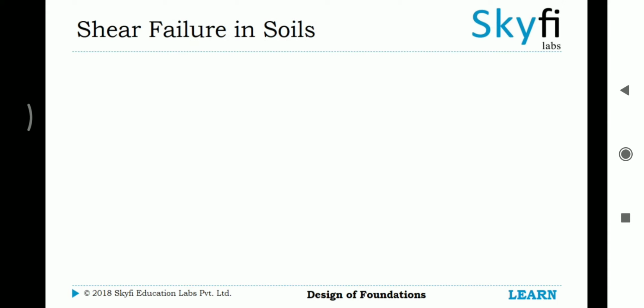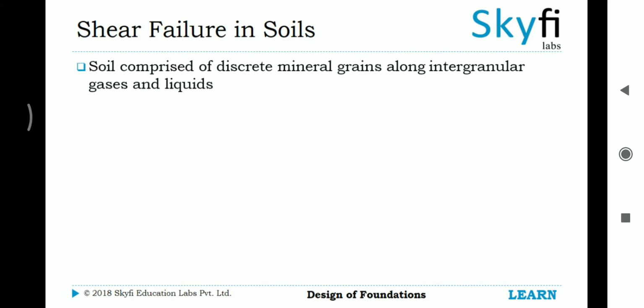So what exactly happens during shear failure of soils? The soil is comprised of discrete mineral grains, with intergranular liquids and gases engulfed between them.